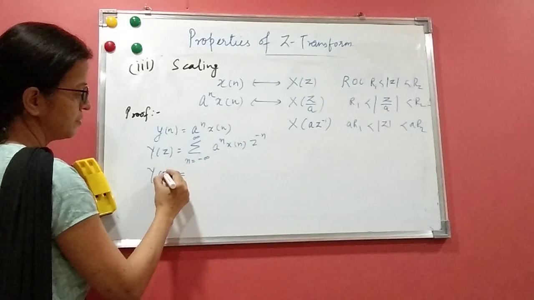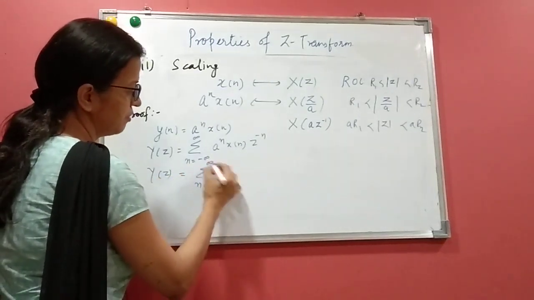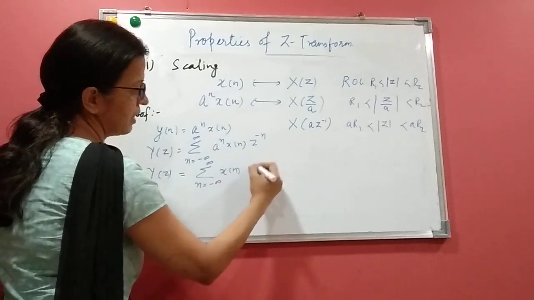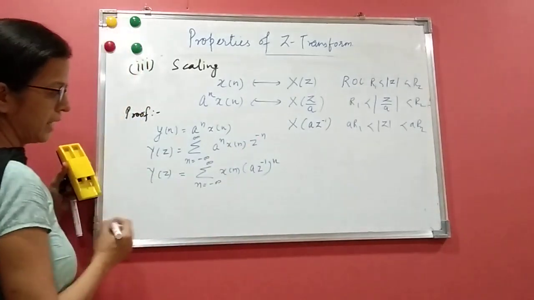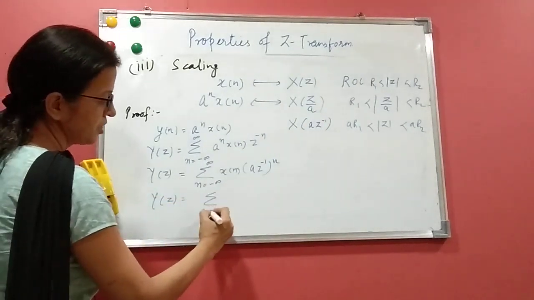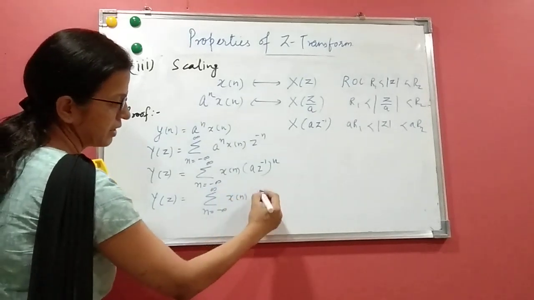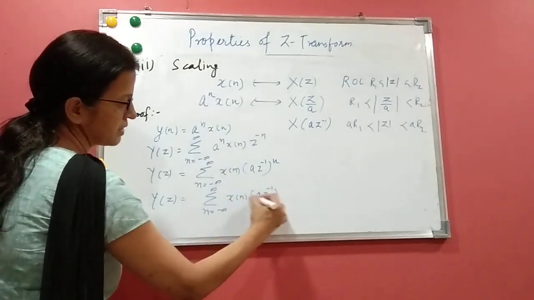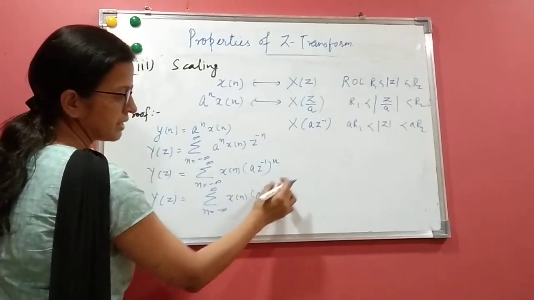So Y of z is the summation, n from minus infinity to infinity, of x of n, taking a inside, it becomes a z raised to minus n. The definition is x of n, z raised to minus n.